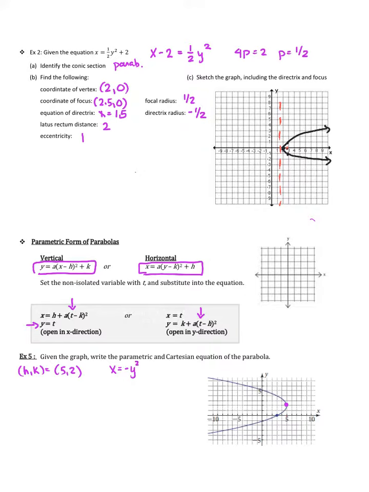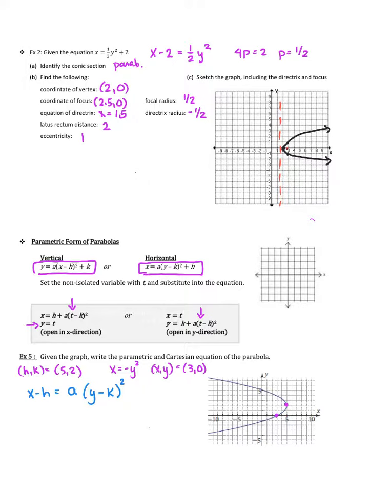And I can see that I have a particular point here, a particular x, y that is at 3, 0. So we're going to go to our general form, and that looks like x minus h equals, now instead of 1 over 4p, because I don't really have anything with the focus and the directrix, I'm just going to write a, which is the coefficient. It serves the same thing as 1 over 4p.